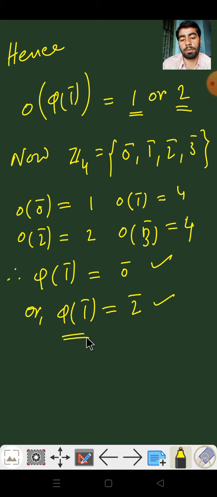So these are the two possible definitions of phi of class 1.